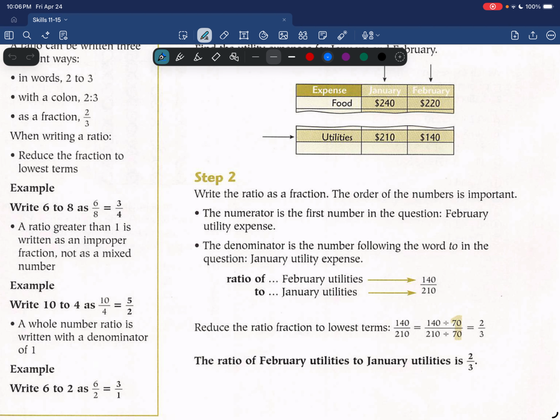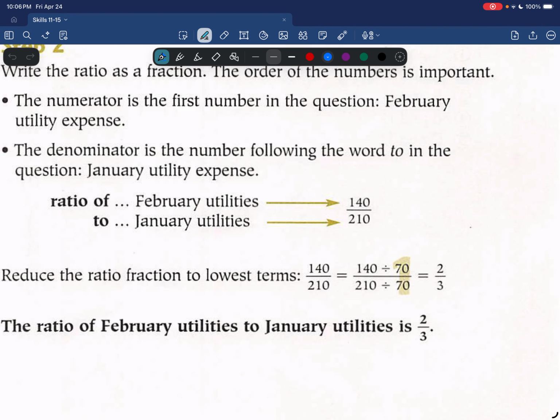The ratio of February utilities to January utilities is 140 over 210. You reduce the fraction to lowest terms by dividing top and bottom by 70 to get 2 over 3. So the ratio of February utilities to January utilities is 2 to 3. You could also write that as 2:3 or 2 to 3.